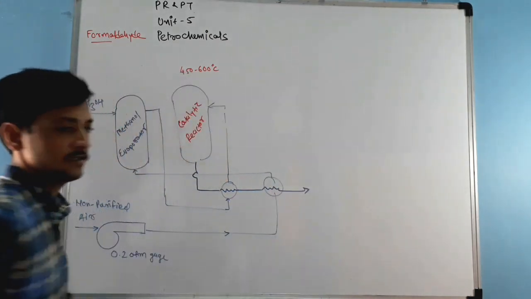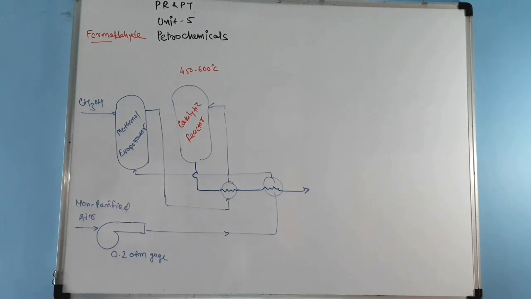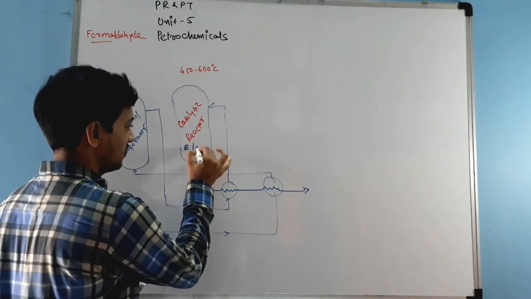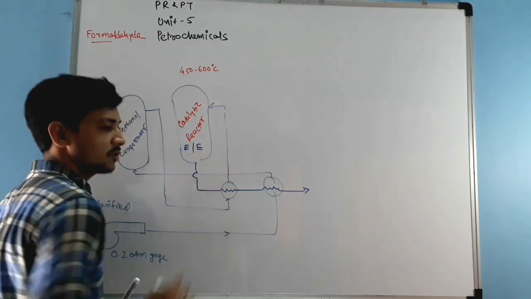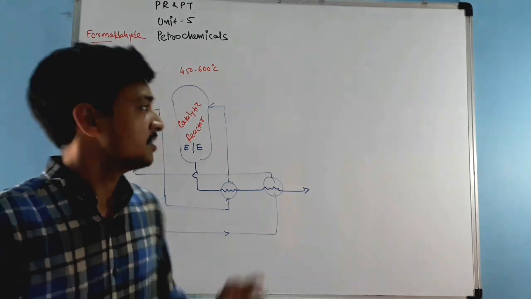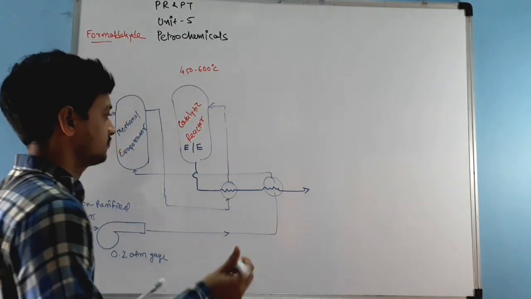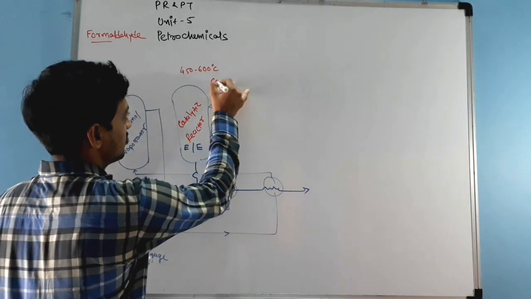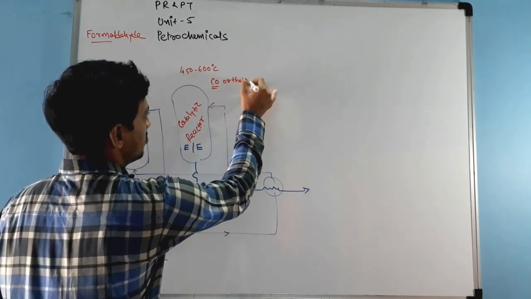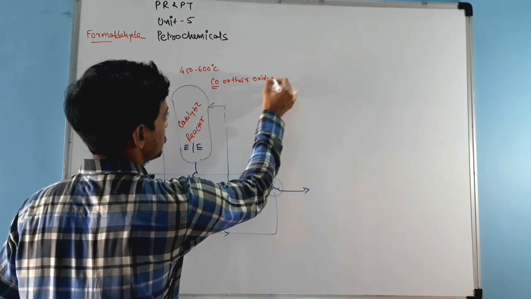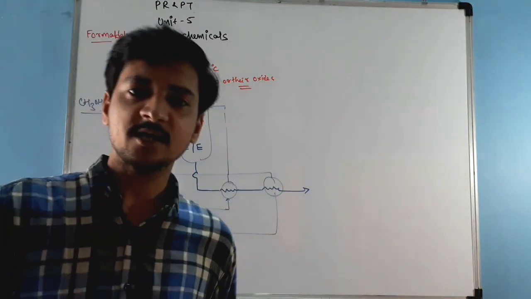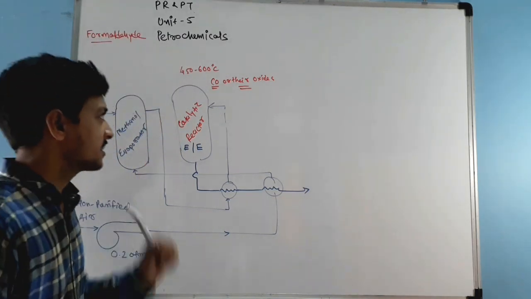Then the product gases are sent on. Here endothermic and exothermic reactions both take place, and copper or their oxides are used as a catalyst.